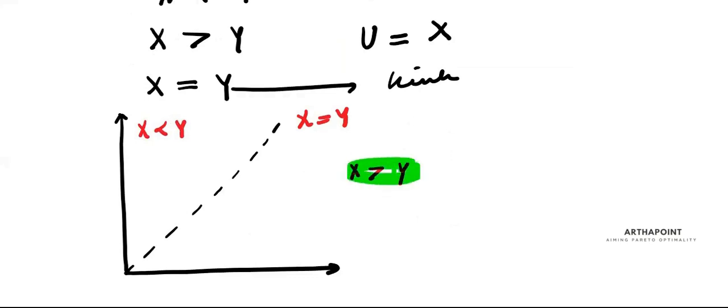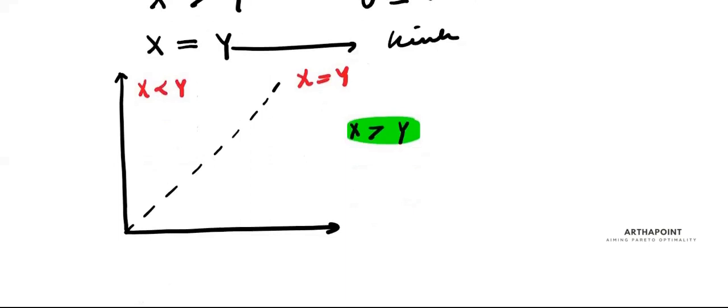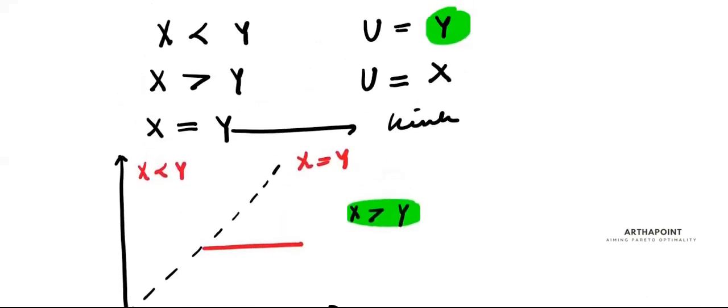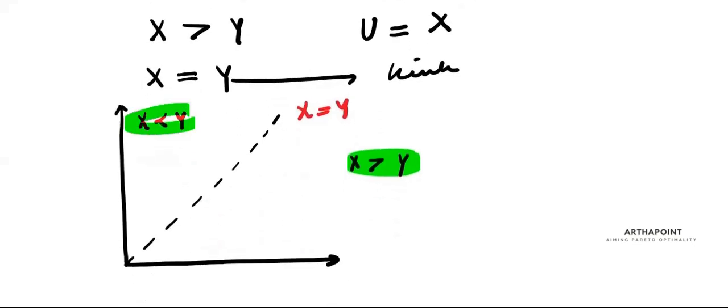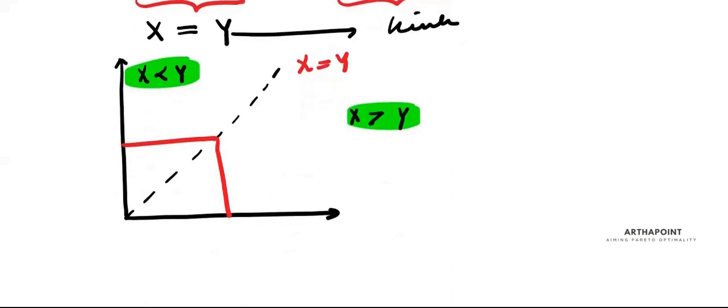When x is less than y, you have u equal to y, so you have a line at y. And when x is greater than y, you have a line at x. And this is the point of kink. So the indifference curve for a max function is inverse L-shaped.